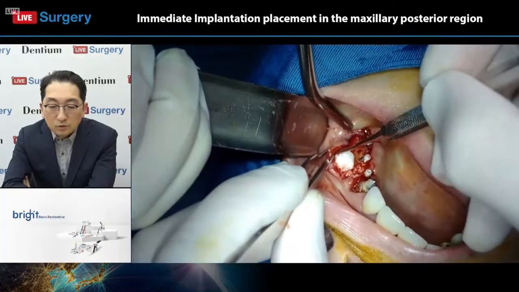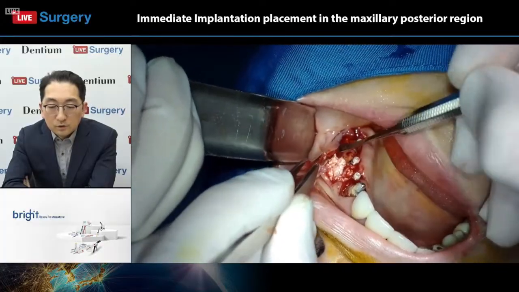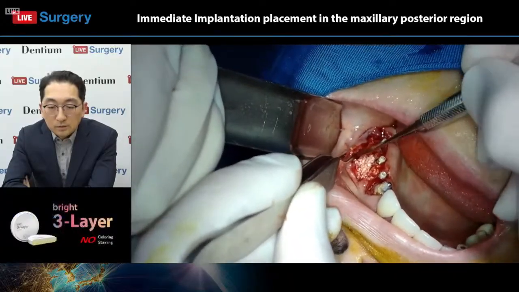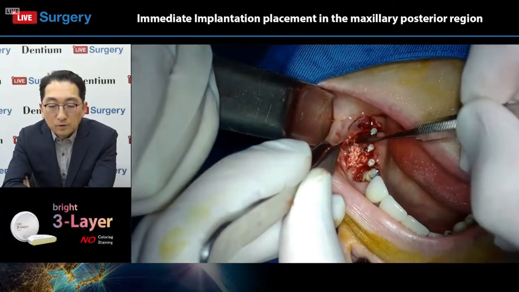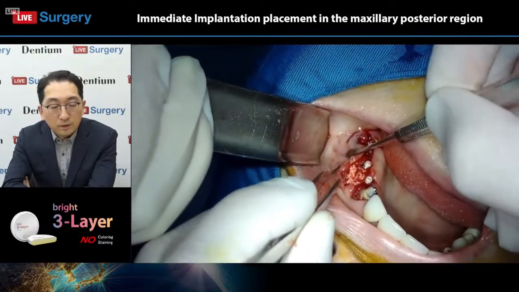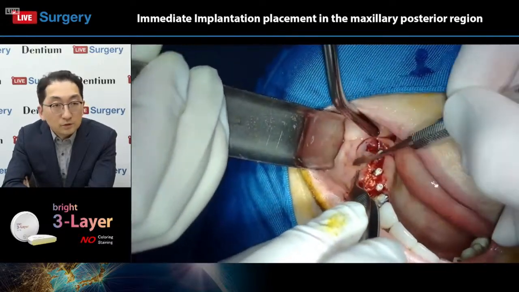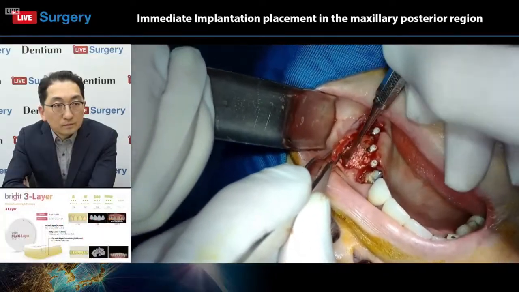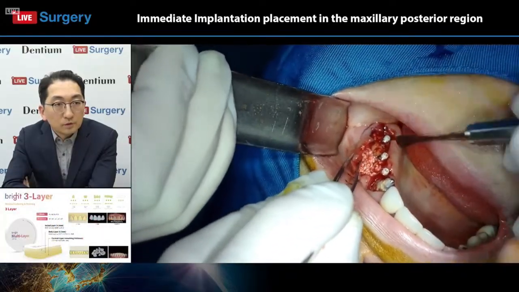Since the role of this bone graft material was intended to partially form bone and prevent resorption of the buccal bone, a barrier membrane was not used. Just bone grafting.